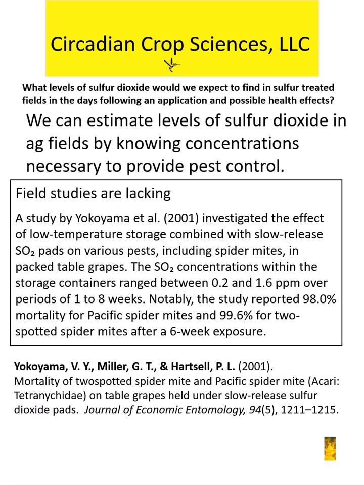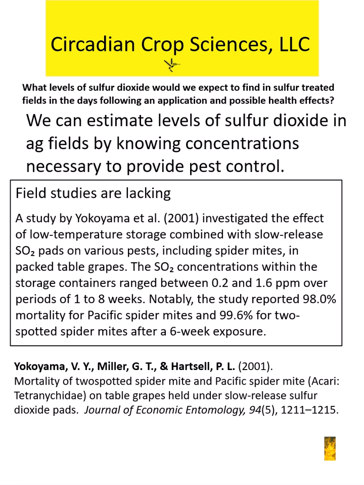We can estimate levels of sulfur dioxide in ag fields by knowing concentrations necessary to provide pest control. Field studies are lacking, but a study by Yokoyama et al. investigated the effect of low temperature storage combined with slow release sulfur dioxide pads on various pests, including spider mites in packed table grapes.